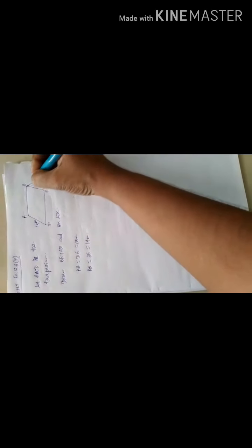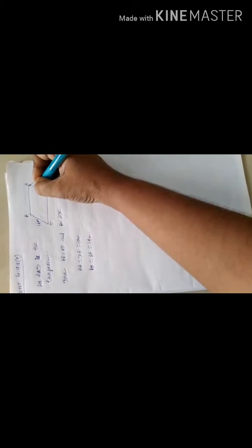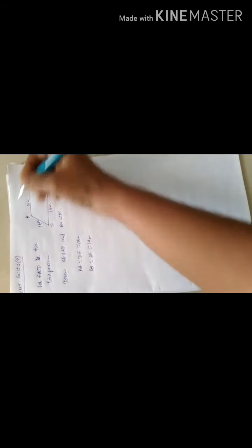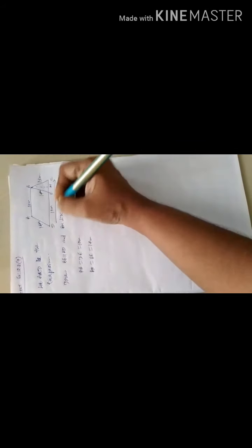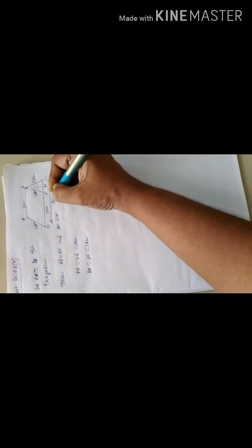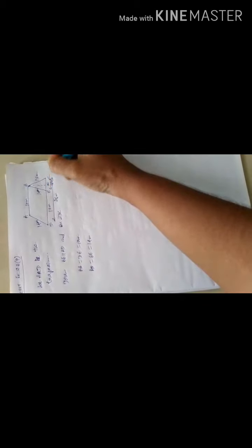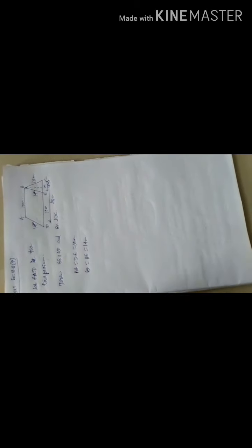Here 14 and then here 13, here 10 meter, here 10 meter, and then totally 25 meter they have given. This total is 25 meter, then this is 15 meter, because 25 minus 10 is 15.